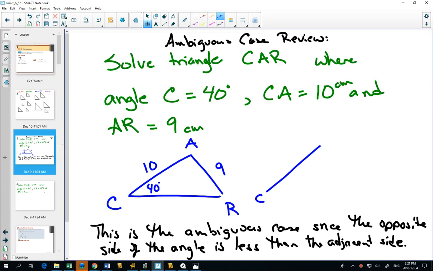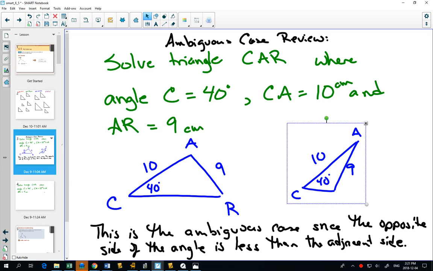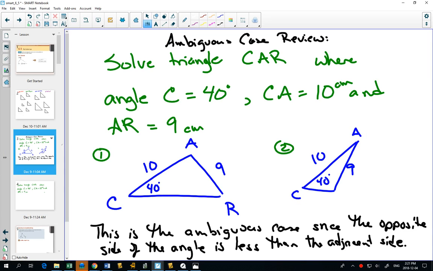So I'm going to redraw C and A, 10 here, 40 degrees there, and draw another one where the 9 swings around and makes an obtuse angle. So we have 2 options, option 1 and option 2.